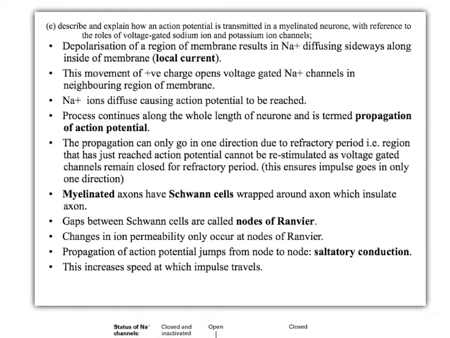The result of that is that the sodium ion concentration inside the cell, close to the sodium ion channel, increases, and that results in diffusion of the sodium ions away from the sodium ion channel, down concentration gradients. We call that a local current.